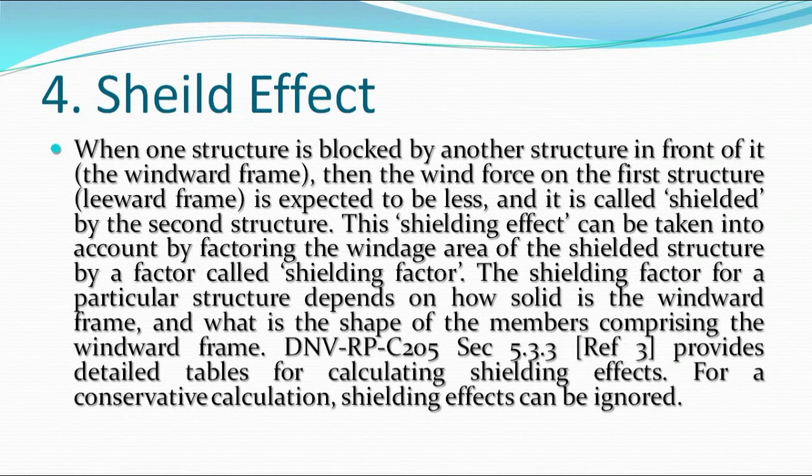This shielding effect can be taken into account by factoring the windage area of the shielded structure by a factor called the shielding factor. The shielding factor for a particular structure depends on how solid the windward frame is and what is the shape of the members comprising the windward frame. The rules provide detailed tables for calculating shielding effects. For a conservative calculation, shielding effects can also be ignored, no?